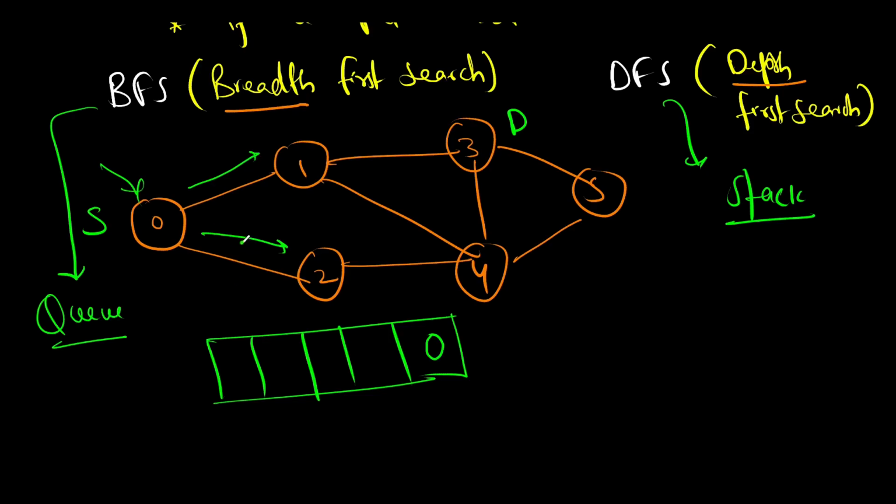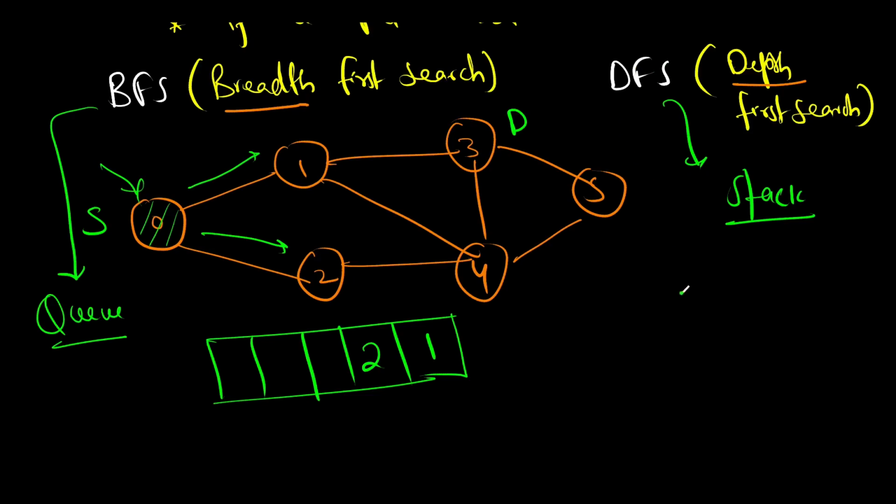And there are two neighbors. So it will pop this out, or we can say we will dequeue this particular node. Let me remove it from here and then put 1 and 2 here, right? So what it is basically doing, it is exploring all the vertices that are attached to this particular vertex. So that's how BFS is functioning, right?